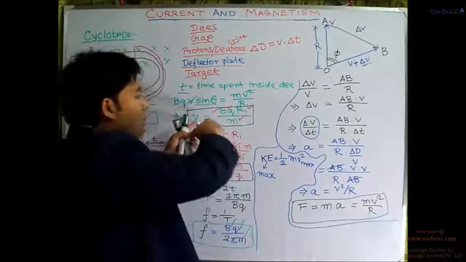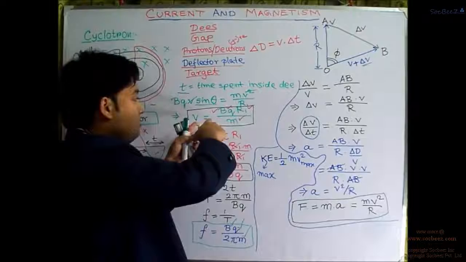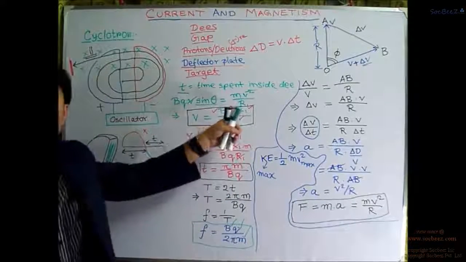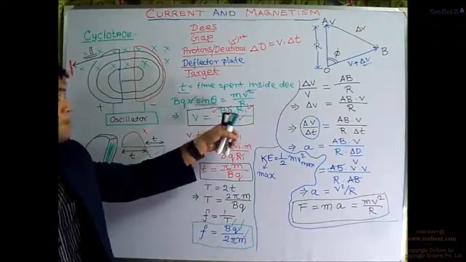And we know that the value of V is maximum only if the radius is kept at maximum, right?